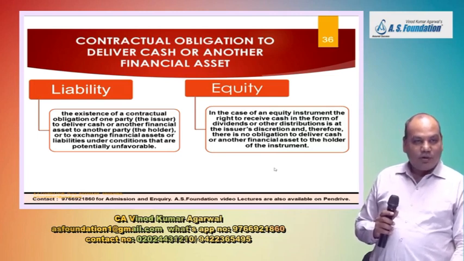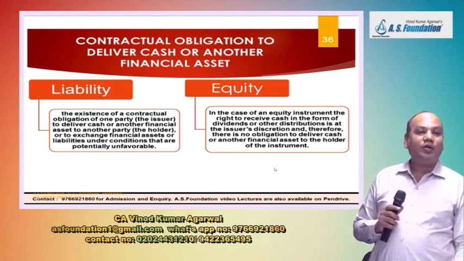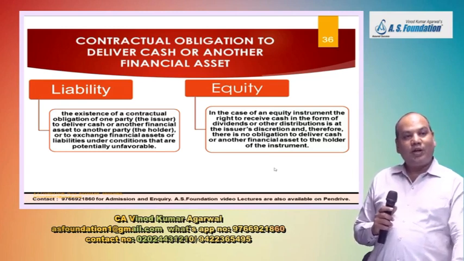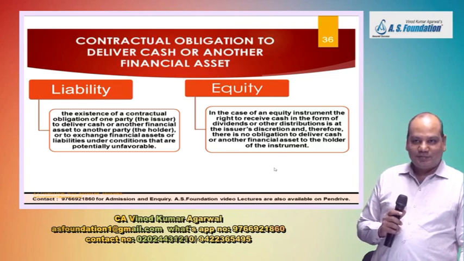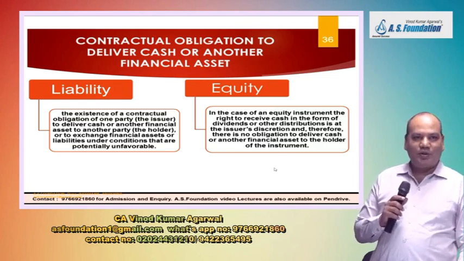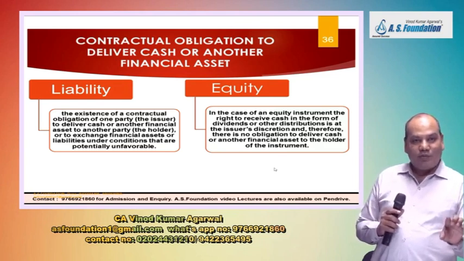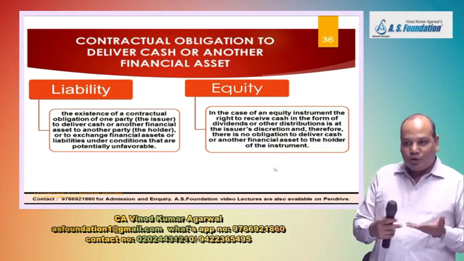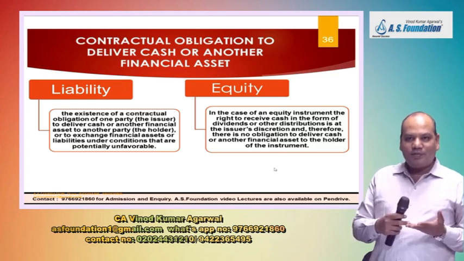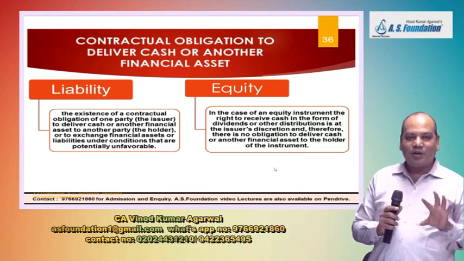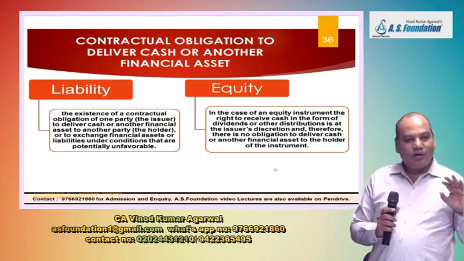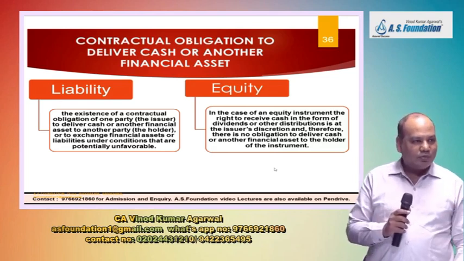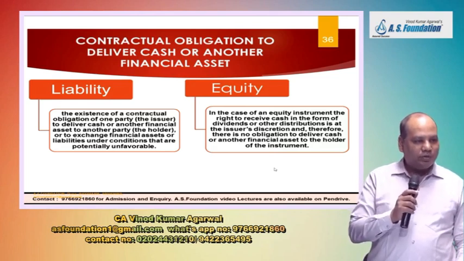Is it right? Preference share issued by the company. Dividend is mandatory, redemption is at the discretion of the entity. Now it is a compound instrument, because the dividend which is mandatory means you don't have discretion for that. So that is liability. Present value of that amount will be calculated and presented as a liability, and the remaining portion will be treated as equity.